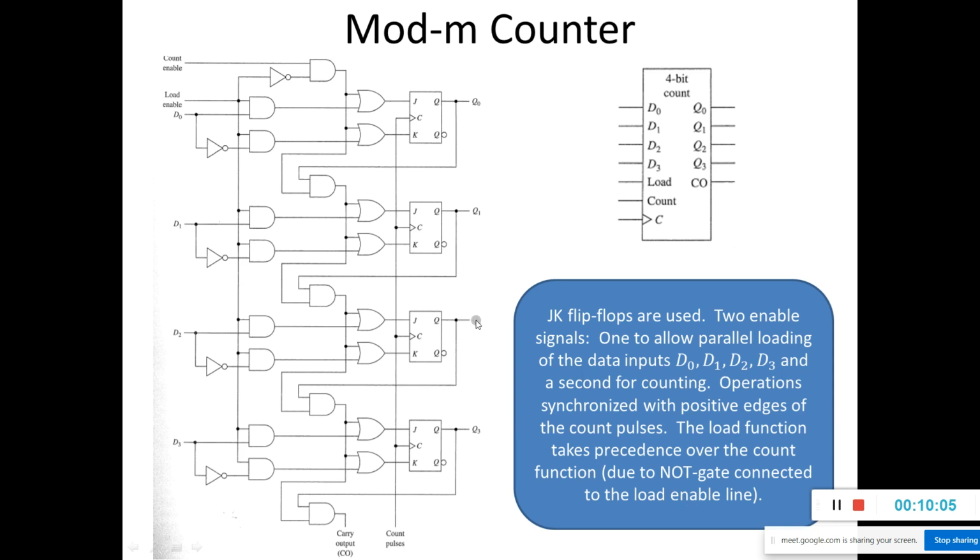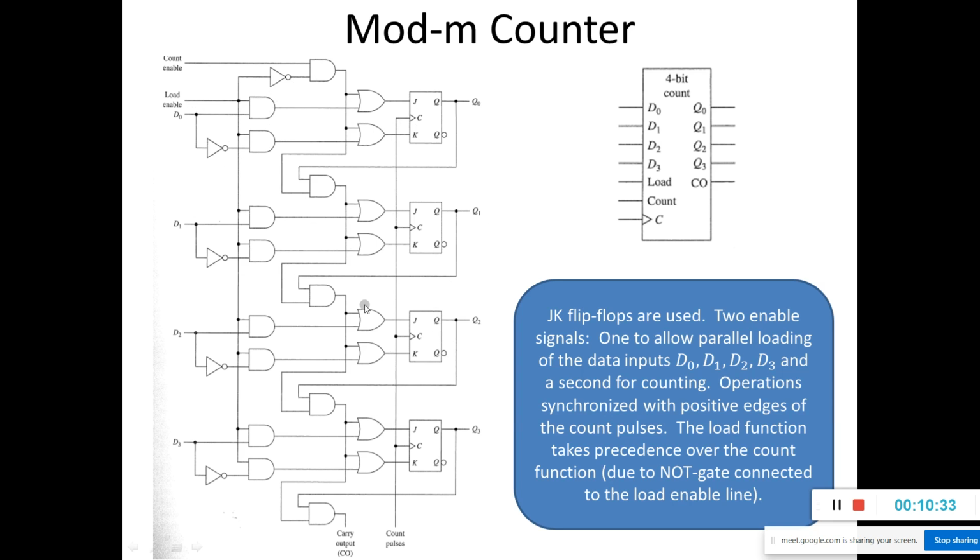So this is a mod m counter symbol, and we are using JK flip-flops. This also counts as a 4-bit binary up counter, 0000 up to 1111. We have a load enable and a count enable signal. If count enable is 1 and load enable is 1, load enable has higher priority, and the data gets loaded into the JK flip-flops.